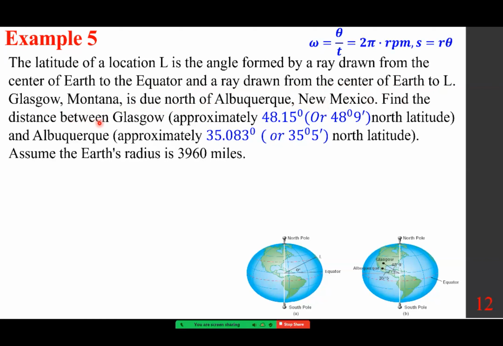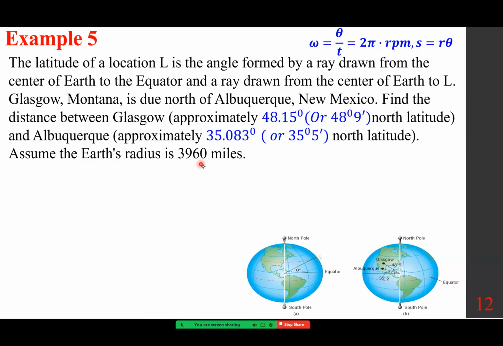Find the distance between Glasgow, approximately 48.15 north latitude, and Albuquerque, approximately 35.08 north latitude. Assume the Earth's radius is 3,960 miles. Excellent. Thank you so much.